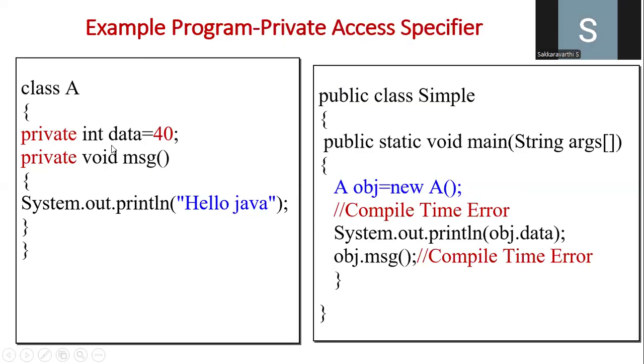The private data members can be accessed only within the class. It is not permissible to access the private members from outside the class. So we can't create the object for the class A, since the members present in the class A are private. So it throws a compile time error.